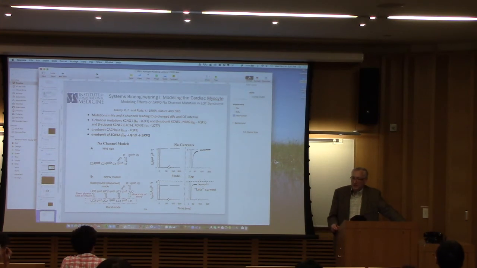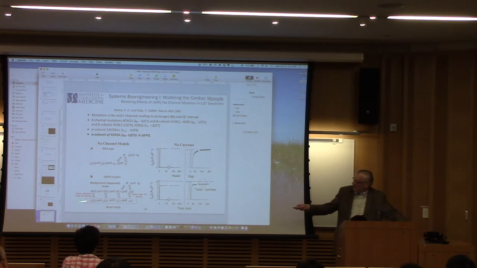Even at depolarized membrane potentials, there remains some residual current through these sodium channels because they would enter this new set of states. They'd stay in this set of states for a fairly long amount of time, transitioning between non-conducting and open state, generating what's known as burst mode behavior. The channel would flicker open and close, and flicker open and close, and so on.